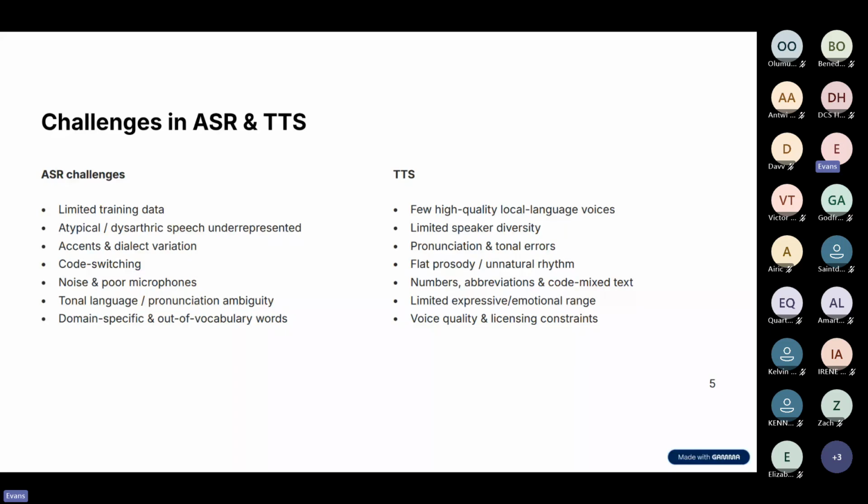Yeah, and then models have a hard time reading numbers, right? Abbreviations, and then code-mixed text. And also currently TTS models we have there, they don't catch expressiveness and then emotions.